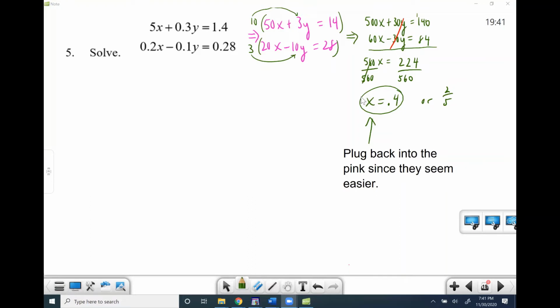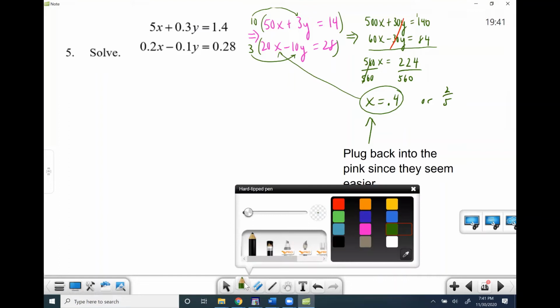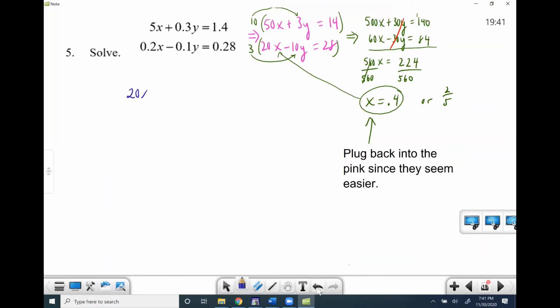All right, let's take this guy back to the bottom then. I don't want to put an arrow there because people might think you put him in for the Y. We're going to put him right there. So let me use a different color for that. So you've got 20x, but x is really 0.4. So that is going to be 8 when you multiply 20 times 0.4.